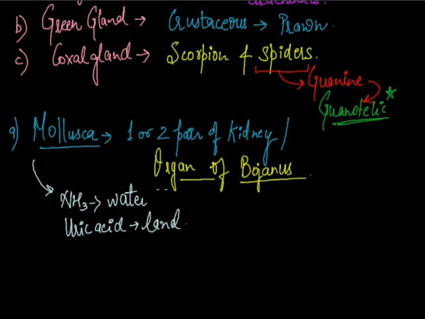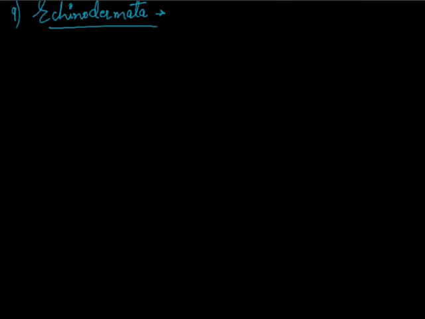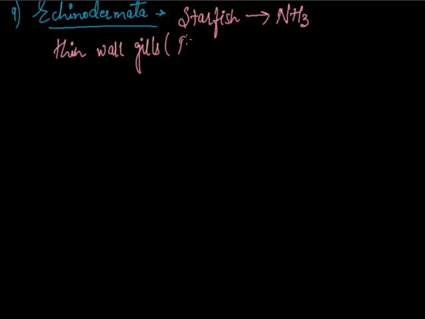An example of mollusca is mussel. The next is echinodermata. As we all know, an example of echinoderm is starfish. Starfish excrete ammonia. They have thin-walled gills called branchiae for their excretion.